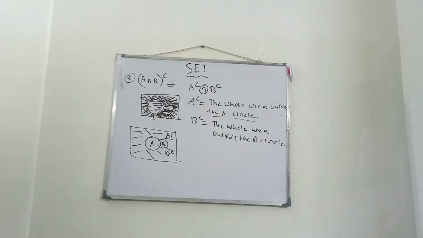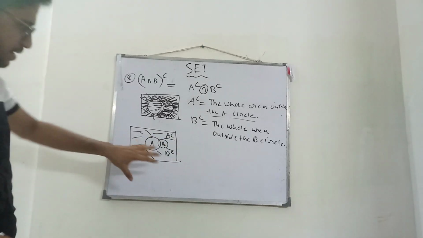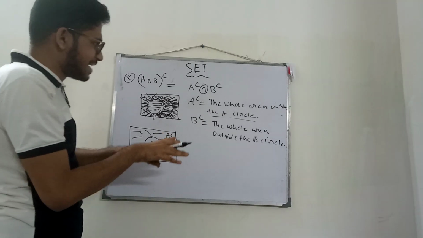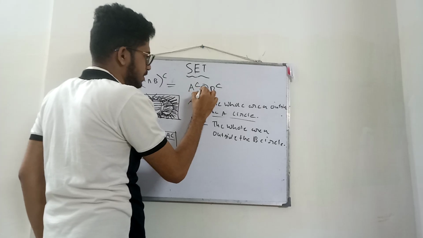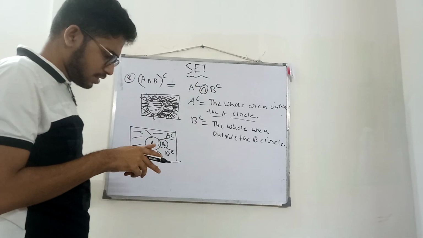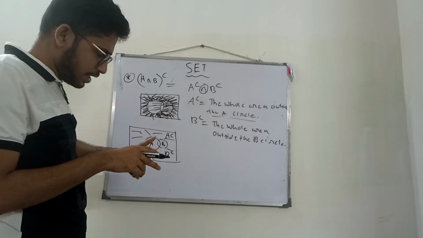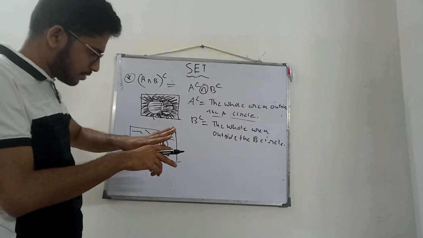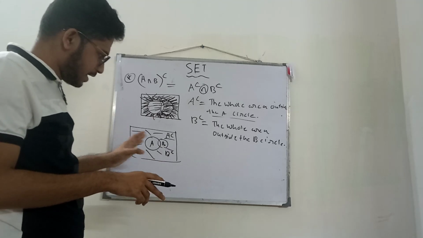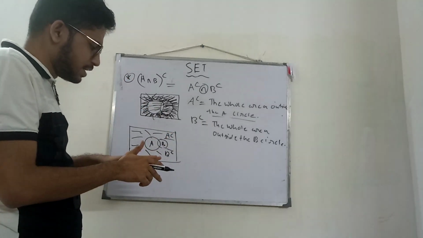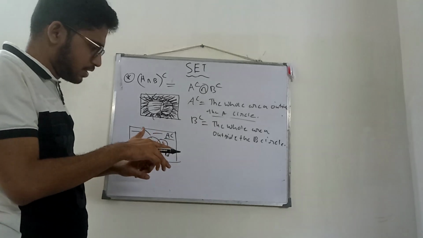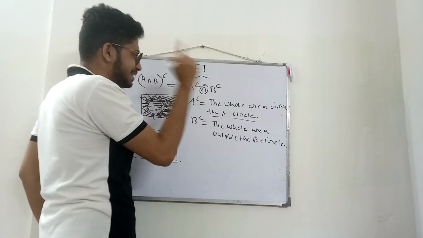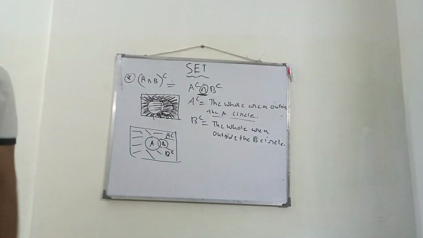When the A complement area and the B complement area overlap with each other, that part we denote with this intersection sign. I hope you guys understood.